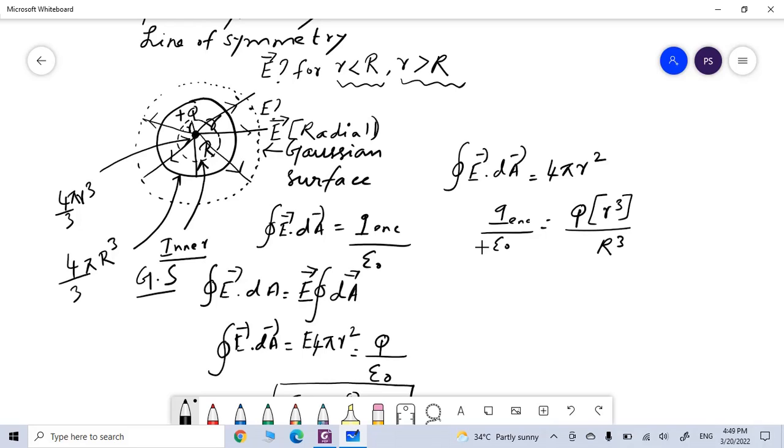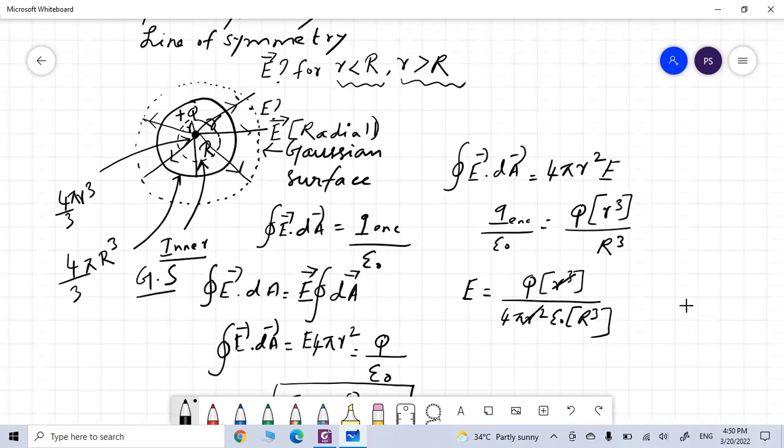Now let's get started. I have to put an electric field here. So the left hand side: E is equal to q r cube over 4 pi small r square epsilon 0 R cube. Now upstairs and downstairs, the r squared gets cancelled.